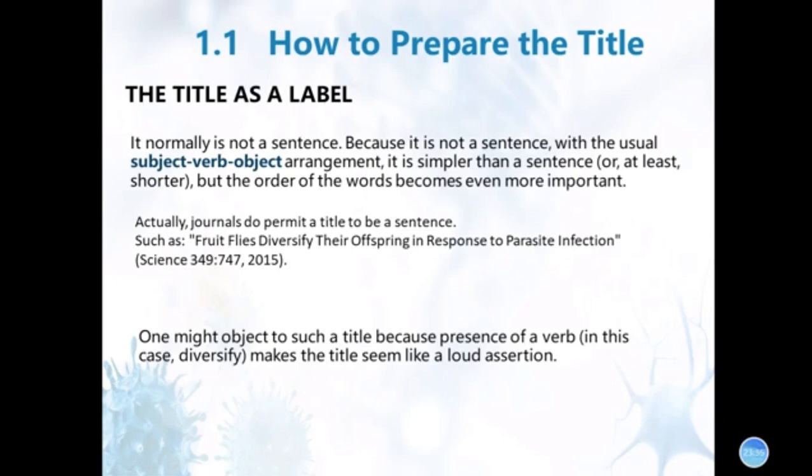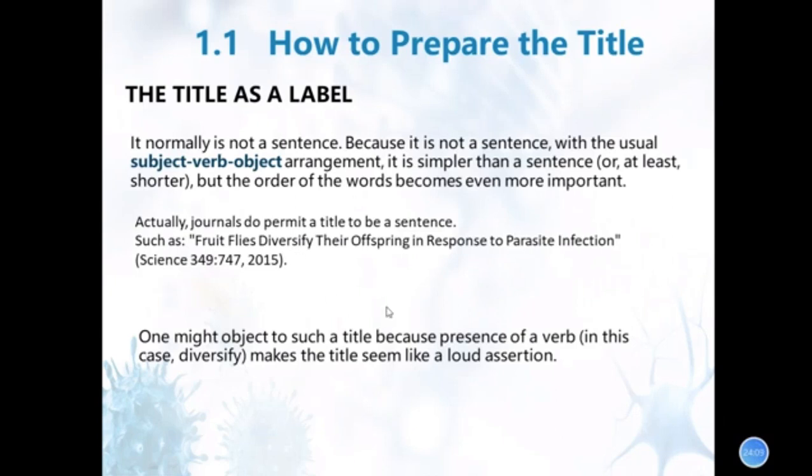Actually, a lot of journals do permit a title to be a sentence. That means if we include the subject, verb, object in the title, it is okay. Such as a famous journal's title, "Fruit flies diversify their offspring in response to parasite infection."